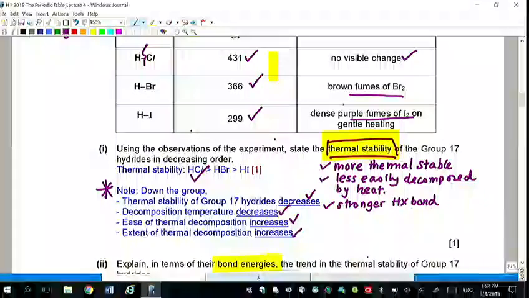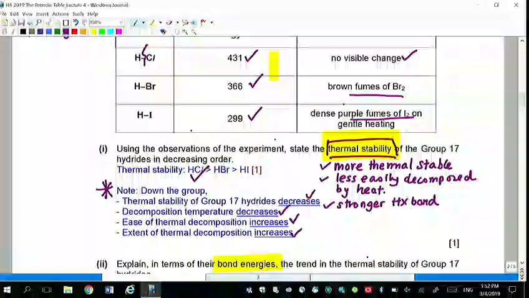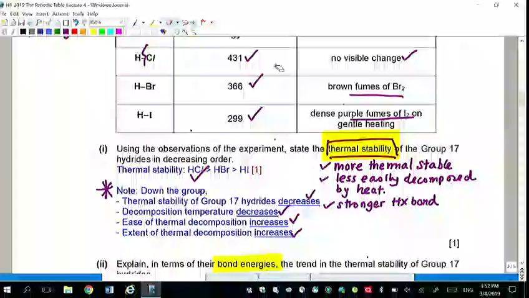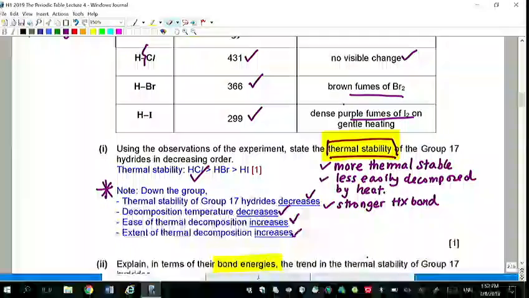These are 4 different ways that I can talk about thermal stability. You may want to write it down. Not may, you have to write it down. Sometimes the question may be phrased differently, but that is the general trend of thermal stability. These are the 4 different ways they can phrase it, so please take note of it.